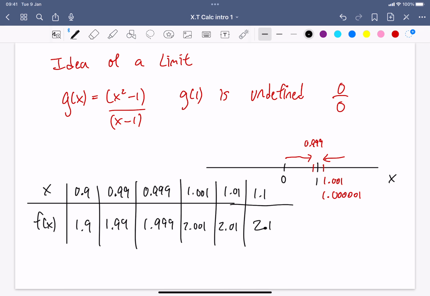Do you see how, as we converge closer to 1, we approach the number 2? Both sides are sliding towards 2, even though x equals 1 itself is a forbidden input. And this is a key idea. A limit describes behavior near a point, not exactly at the point, and it helps describe what is happening at that point.